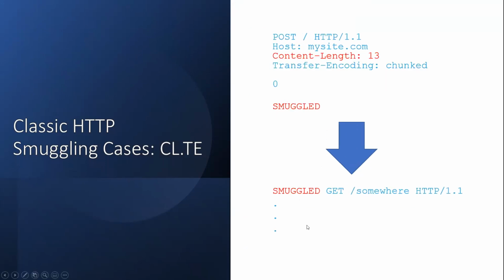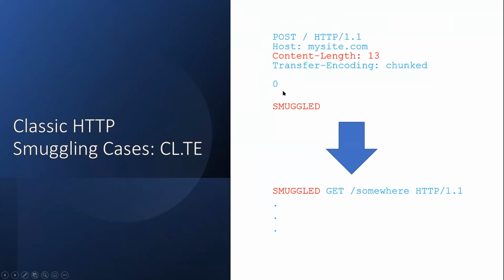Now, here's a different situation. Let's say the front end is actually looking at content length. So it says 13. Now, all of this text, from this 2, this 1, etc., until smuggled, is all 13 bytes. Now, if you look at this from a transfer encoding perspective, this is an empty request. There's only 0. There's nothing here. So if the front end is content length based and it received this request, it just moves it on to the backend.